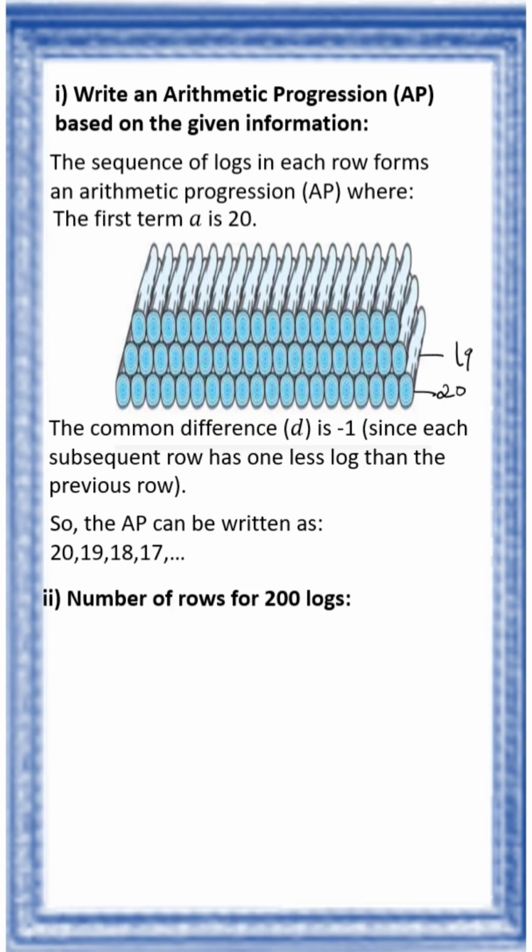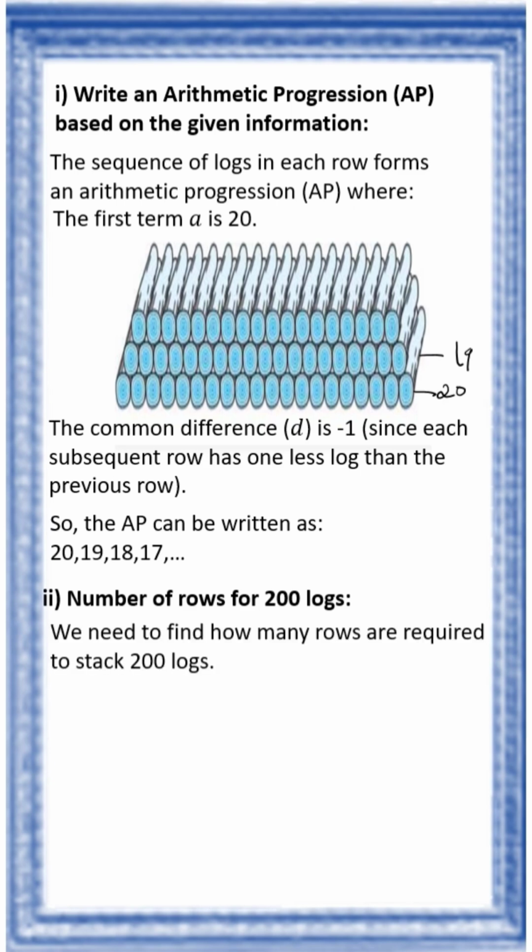Now let us solve the second question. Number of rows for 200 logs. If the total number of logs is 200, and here 3 rows are there, like that how many rows are there if 200 logs are stacked one upon another?